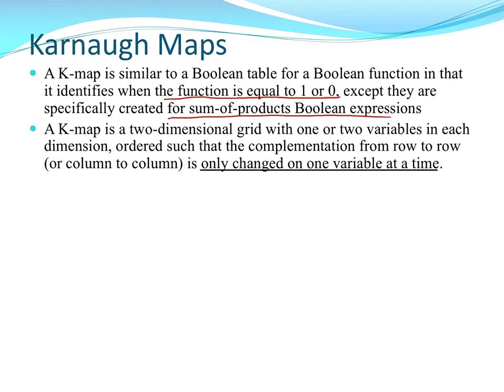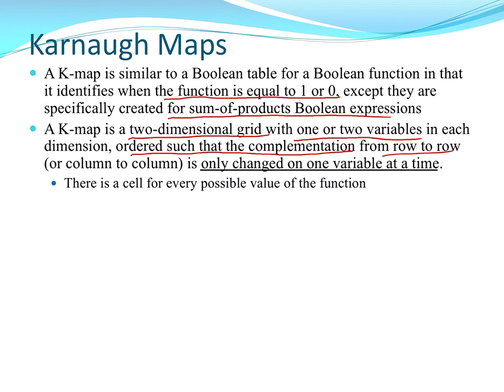So more specifically, a K-map is a two-dimensional grid, and we represent 1 or 2 variables depending on the degree of the function in each dimension, horizontally and vertically. And we order them such that the complementation from row to row or column to column is only changed on one variable at a time, and I'll demonstrate this.